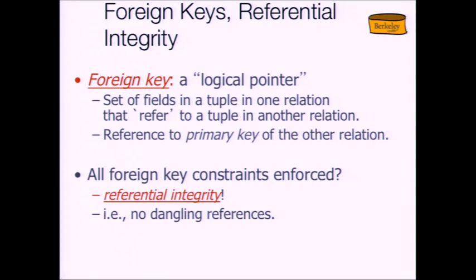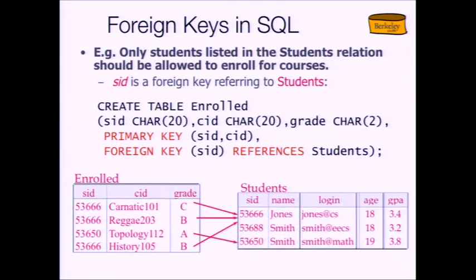Okay? And if you want to be more careful than that, you can make sure that every record in this table refers to exactly one record of this other table. Okay? So I said at most one, but if that's not what you want, you might want exactly one. That's called referential integrity. So you can't have dangling references.